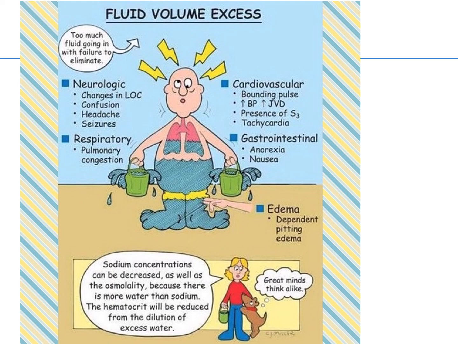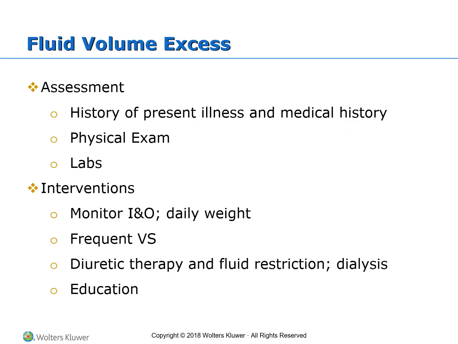And as far as treatment goes, you're going to watch their intake and output. You might have to put them on fluid restrictions and actually restrict the amount of fluids so that they're putting out more than they're taking in.